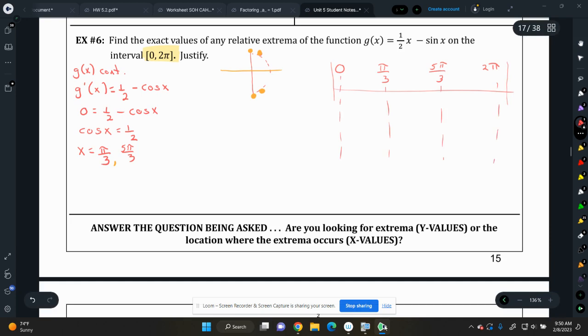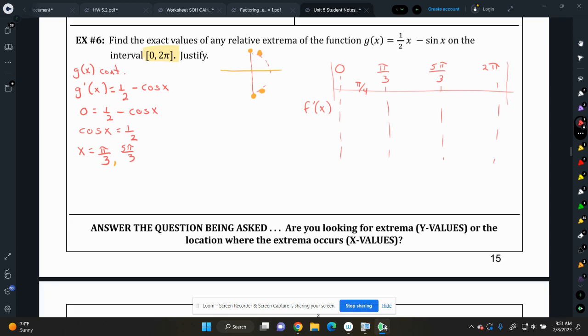All right, so f prime of x. So something between 0 and pi over 3. This is where looking at your unit circle is helpful. I'm going to choose pi over 4, or you could choose pi over 6. Doesn't matter, right? So looking at f prime, is the cosine going to be positive or negative? It's going to be positive, right?